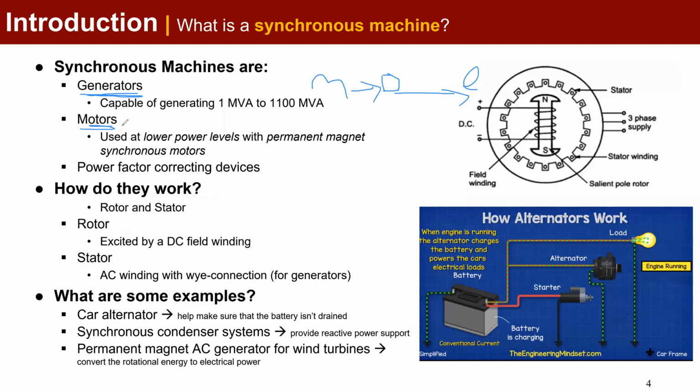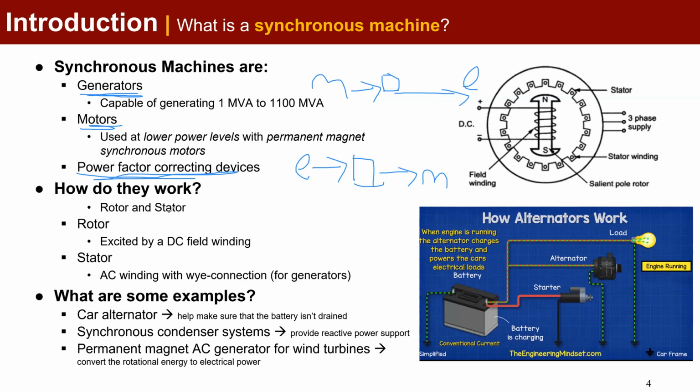A motor, you could input some electrical power into our machine, and then it'll output some mechanical power, like an engine or a motor for our car, right? It could also be a power factor correcting device, and we'll touch on that a little later.